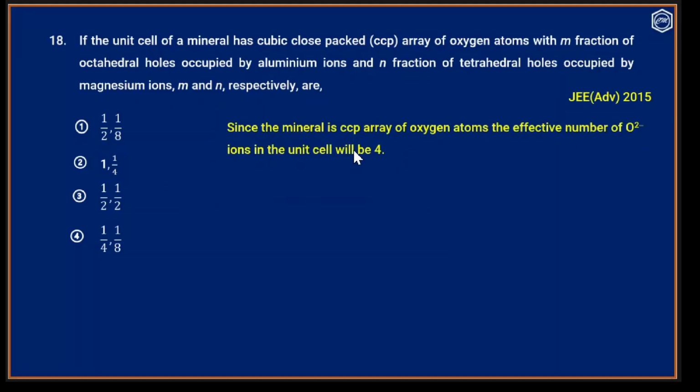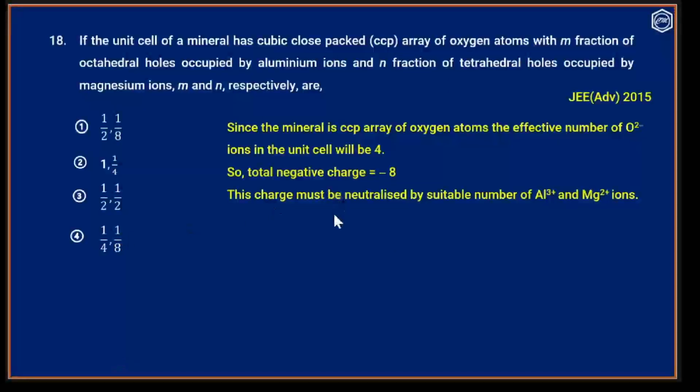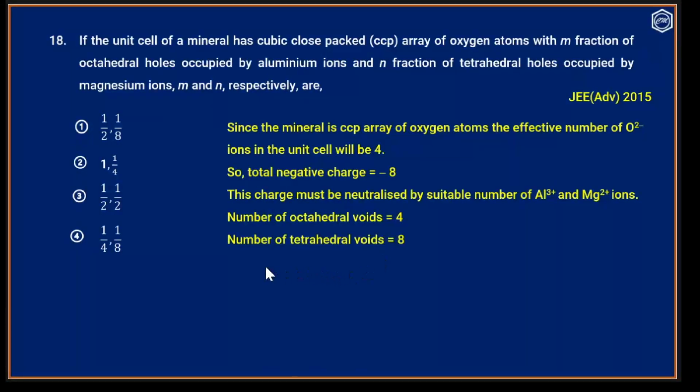Since the mineral is a CCP array of oxygen atoms, the effective number of O2 minus ions will be 4. So the total negative charge will be minus 8. This charge must be neutralized by a suitable number of aluminum 3 plus and magnesium 2 plus ions. The number of octahedral voids will be 4 and the number of tetrahedral voids will be 8.